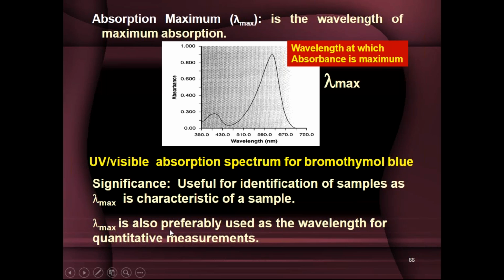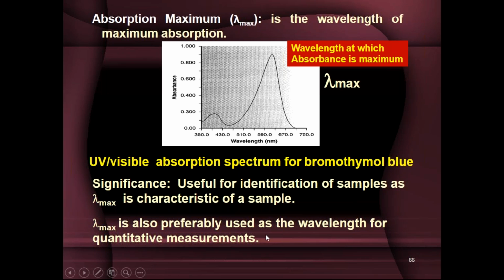Also, lambda max has some significance in quantitative measurements. Quantitative measurements, I know you all understand, means to find out how much of a particular substance is present in a solution, that is, to quantify the solution.